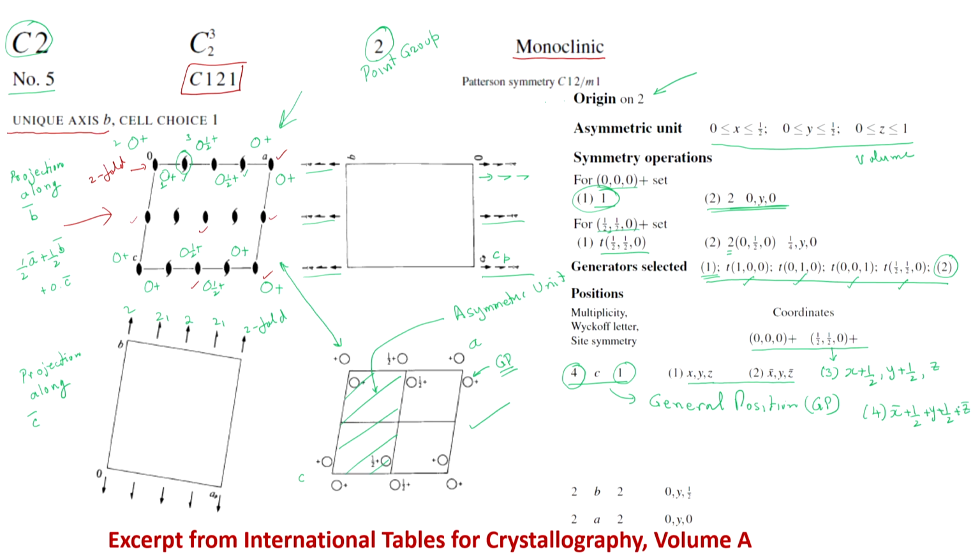So, that is how you get 4 positions, and you can also see that there are 4 general positions. So, this is 1, 2, 3 and 4 inside the unit cell.